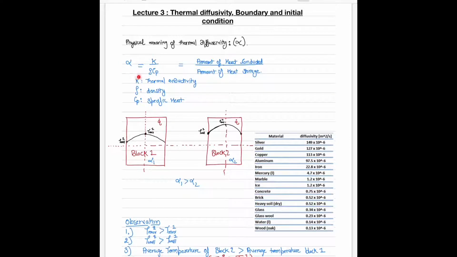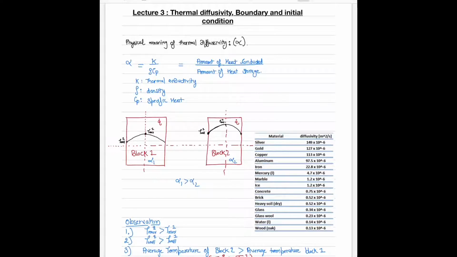I have defined my thermal diffusivity as k by rho Cp, where k was my thermal conductivity, rho was my density and Cp was my specific heat. In a more physical way, we can say that thermal diffusivity is the ratio of the amount of heat conducted to the amount of heat storage.